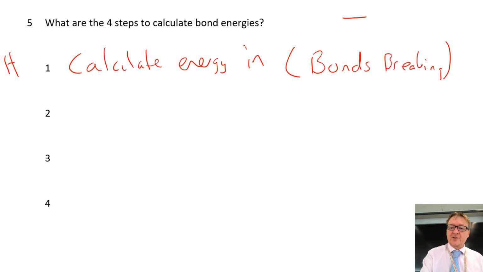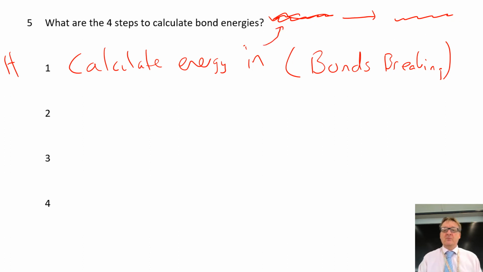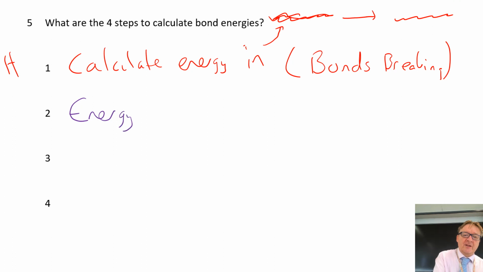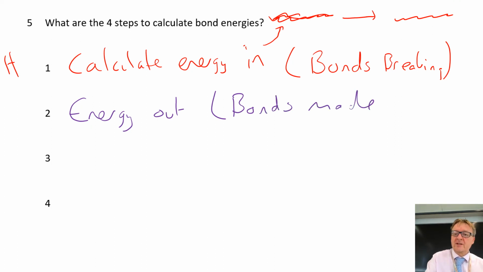If I've got an equation, with an arrow in the middle, substances on one side and substances on the other side, the first stage is to calculate the energy in, so how much it takes to break those. Number 2, you then calculate the energy out, which is the bonds made. So the left hand side is the energy in, breaking the bonds. The right hand side is making the bonds.